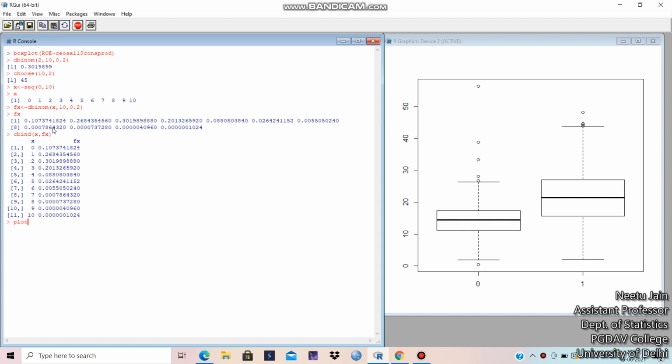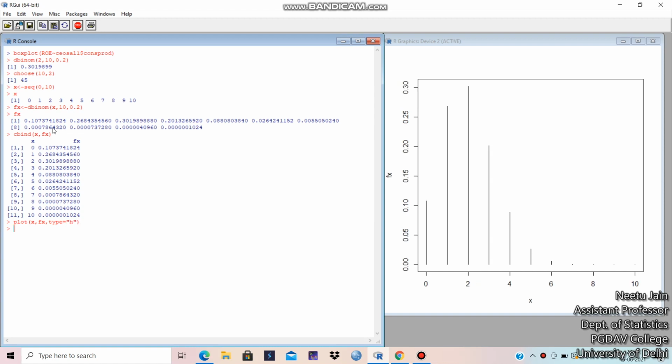It's very easy. Through the command plot x, comma, fx. We have x and fx both, and we are taking type is equal to h. See, this is the probability mass function, 0, 1, 2, 3, 4, 5, 6, 7, 8, 9, 10.